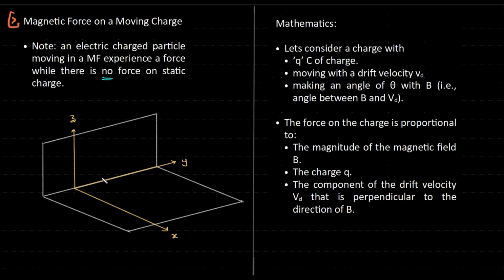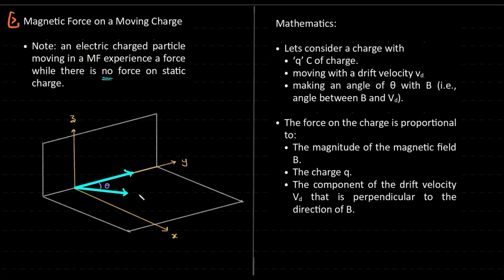So we are going to make use of a three-dimensional diagram, wherein we have, say, a magnetic field. We have a particle moving at an angle of theta. Let me finish the diagram.